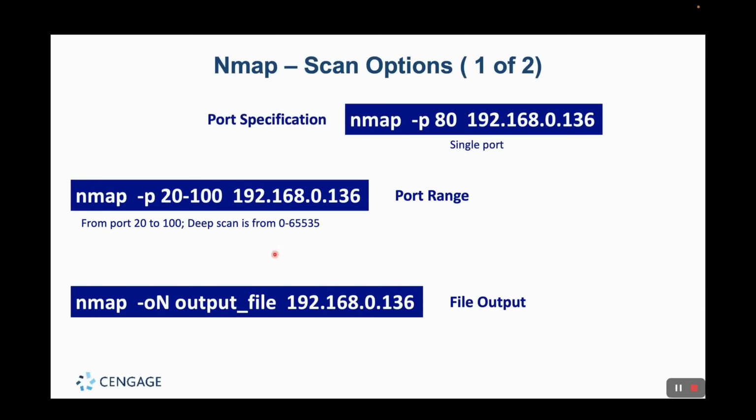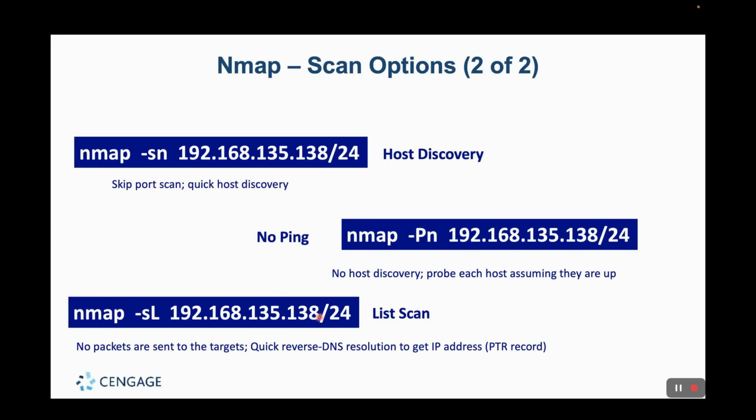Now, if you want to save the results into a file output, just type -oN output file, or you could just remove that, or you could type whatever file name you want against the IP address. Now, here we have another example, nmap -sn.